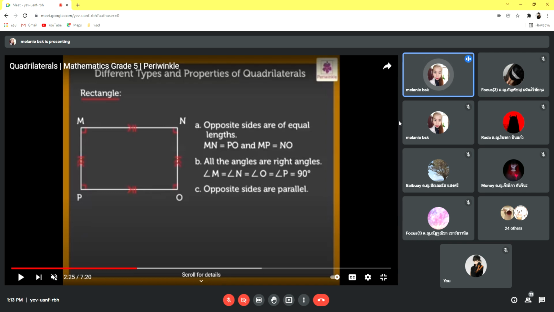Can you understand, children? That is the example of equiangular quadrilaterals. Only the square and the rectangle. Can you follow, children? Yes.